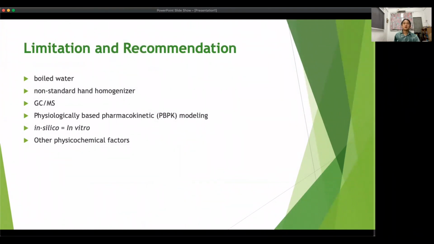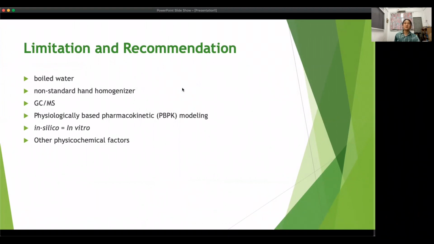For the limitations and recommendations: boiled water was used instead of distilled water, and a normal hand homogenizer bought online was used for the formulation of VCE.